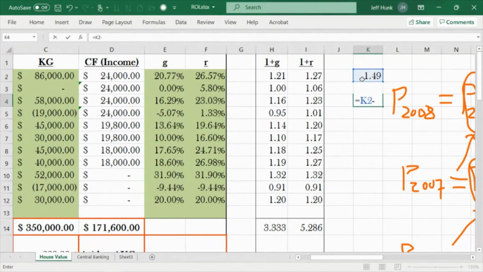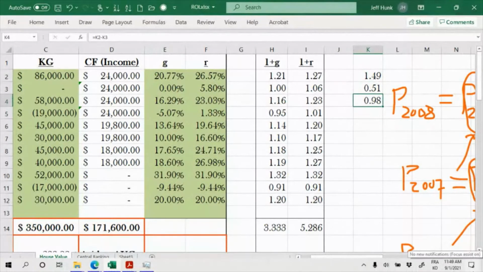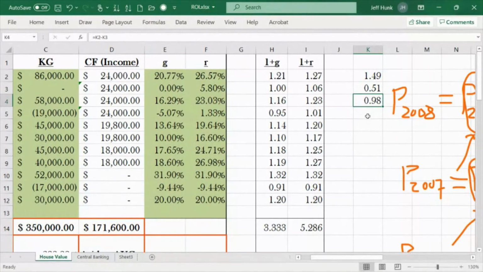K2 minus K3. It's a 0.98 difference. It's not 1, but it's almost as big as 1.